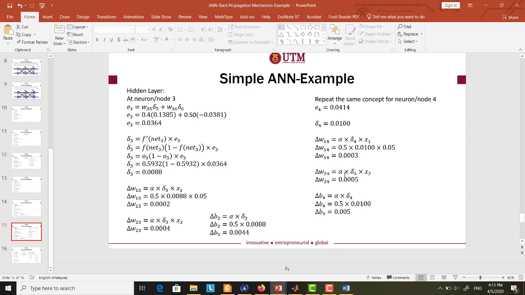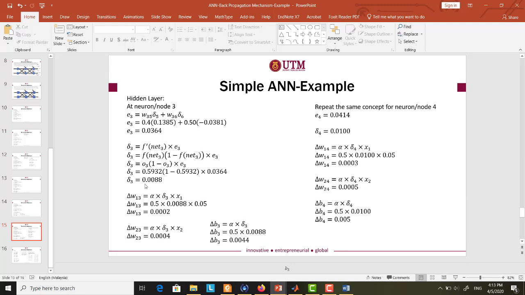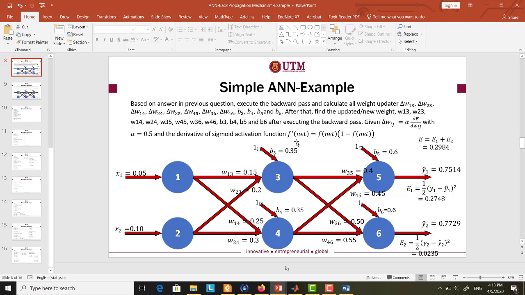in general, normally the layer which is close to the input layer needs to be updated very fast as compared to the last one, because in reality you can see, okay, this is the picture.